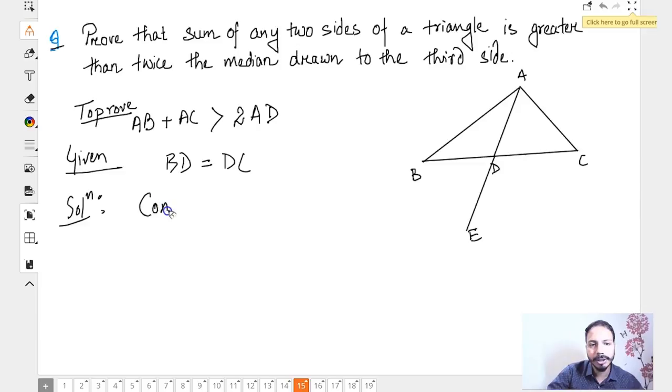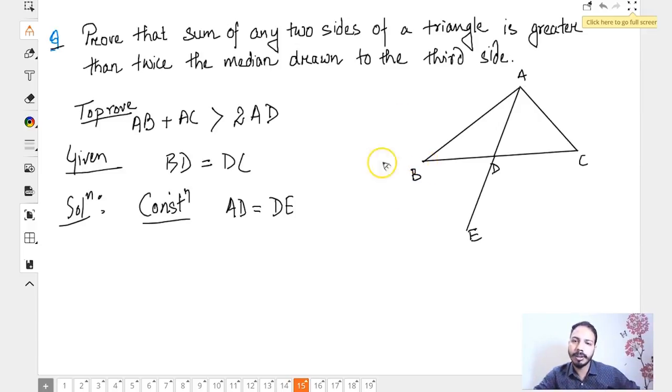That means AD is extended to point E such that AD is equal to DE, and this is a straight line. Now let me connect B and E.